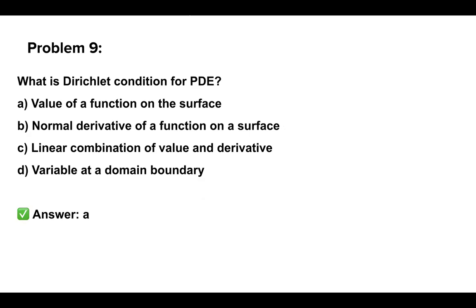We have seen what is Dirichlet, Neumann boundary condition, what is Robin condition, all those conditions, in the previous lecture. Here in PDEs, it refers to the value of the function on the surface.